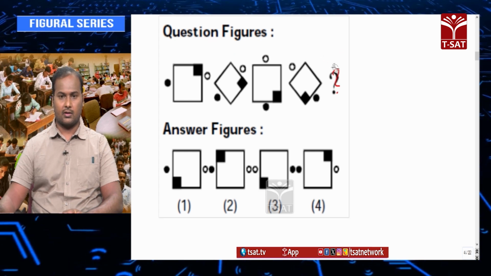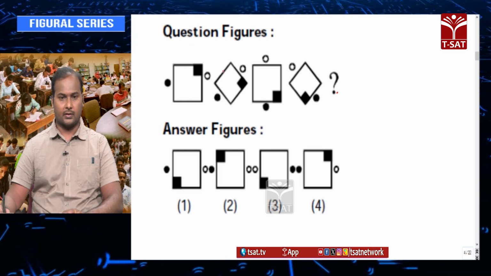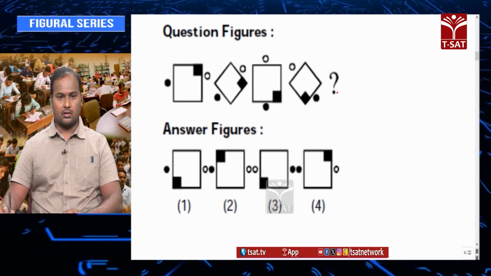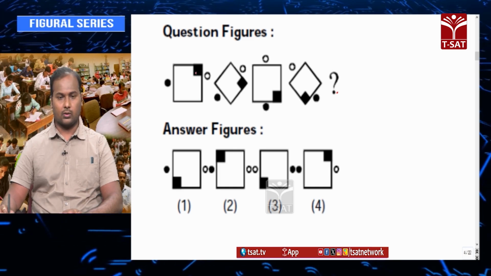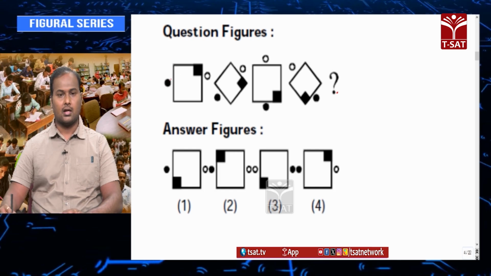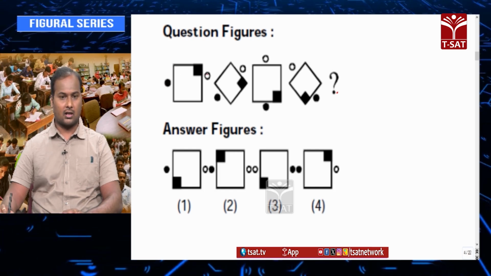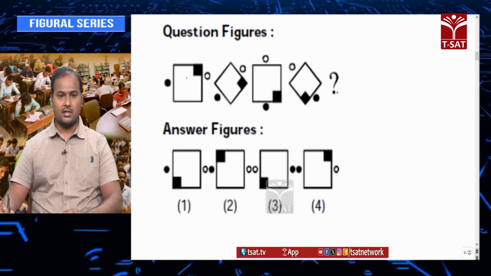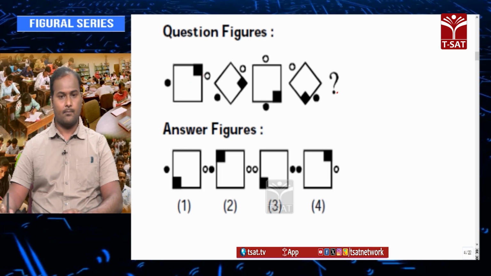Let's start the observation in this figure. There are two figures here: a square with a dark one inside, and outside two circles, one darker and one lighter. First we will observe the inside figure, later the circles.